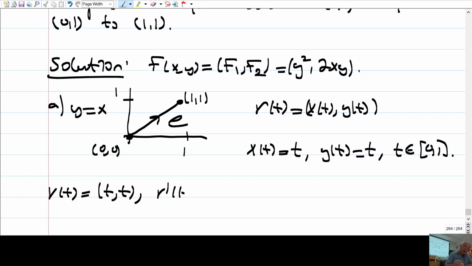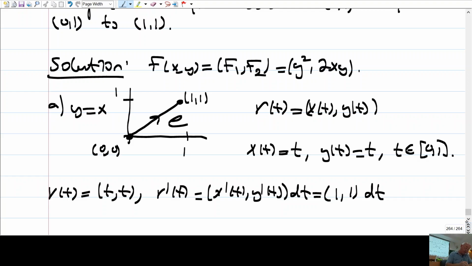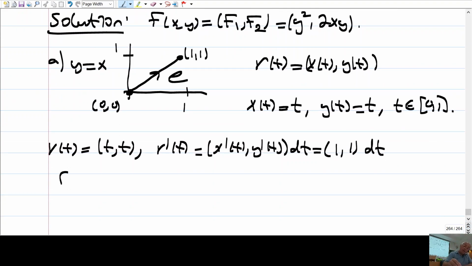What about r'(t) then? So this is x'(t), y'(t), dt. What are the derivatives of these with respect to t? Well, they are just 1, 1, and then I have dt. Okay. So my integral over the curve C, F dot dr is then what?